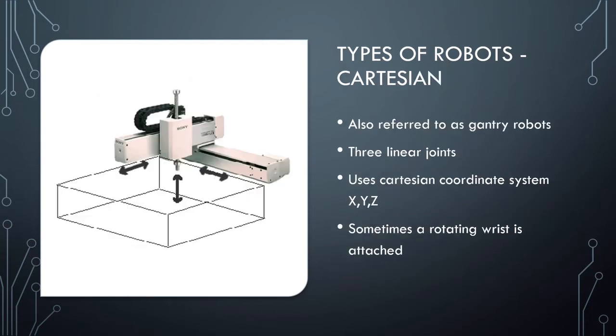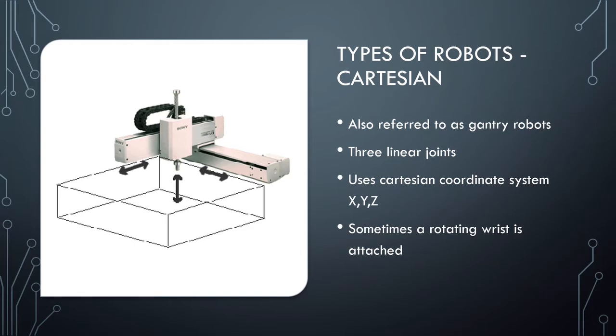The second type of robot, the Cartesian robot, is much simpler than the articulated. Sometimes these are called gantry robots. You can see in this image, these have 3 linear joints, so they don't rotate, they just move back and forth. So in a Cartesian robot, there are always 3 joints, they're linear, moving back and forth.